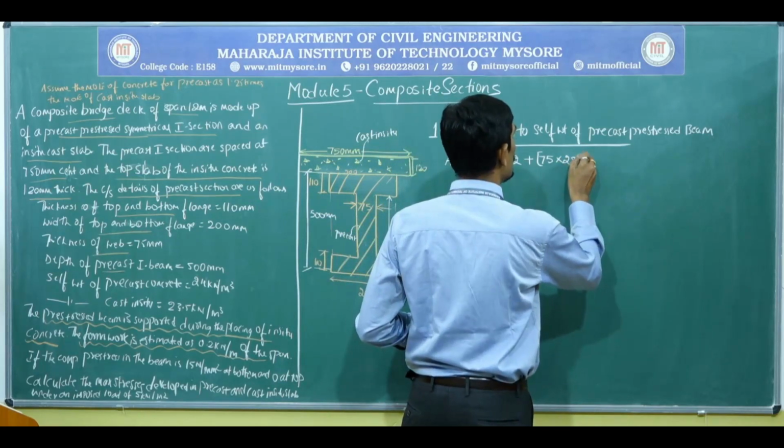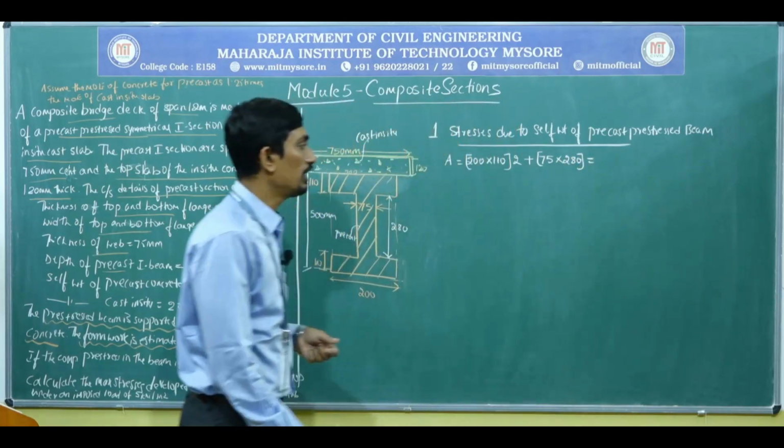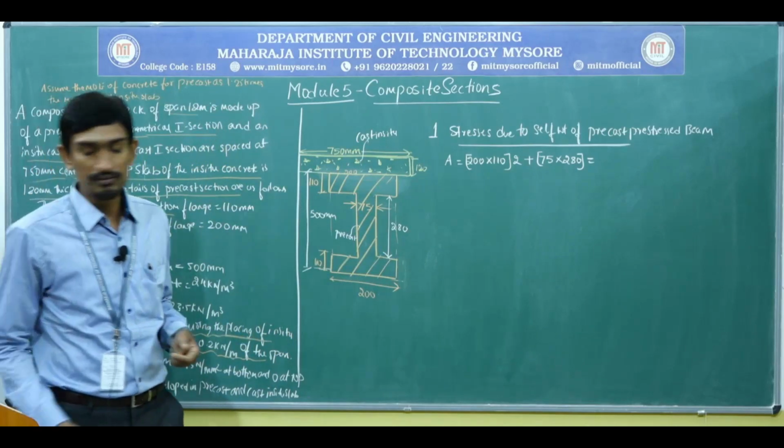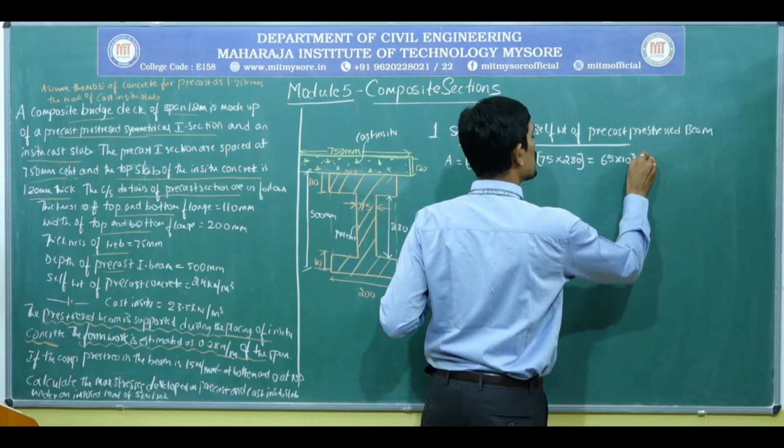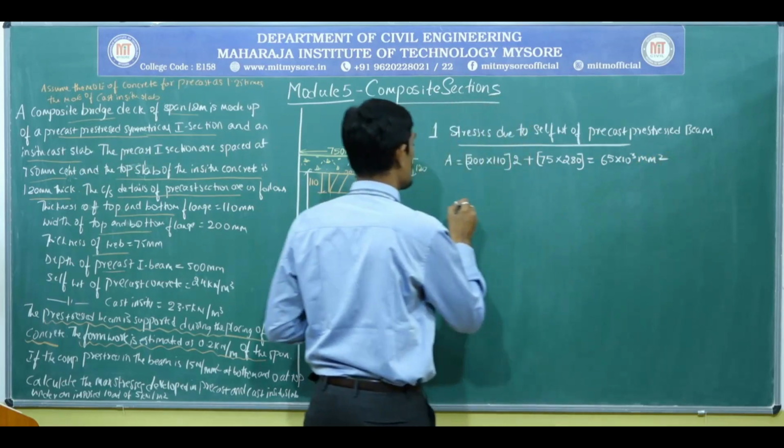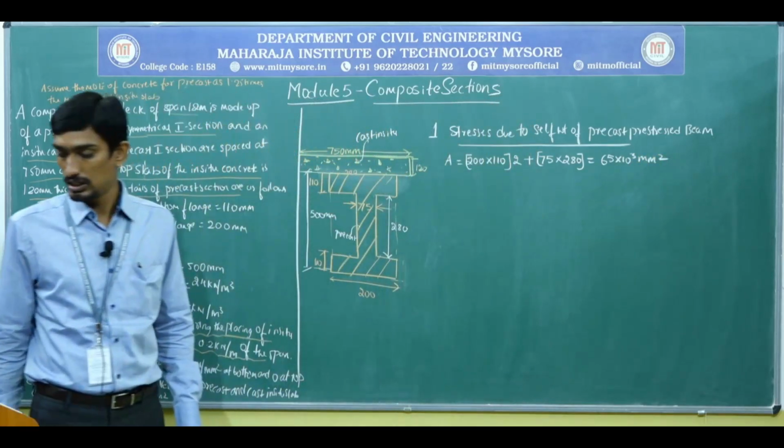So 75 into 280, which gives 65 into 10 to the power of 3 millimeter square. This will be the cross-sectional area.